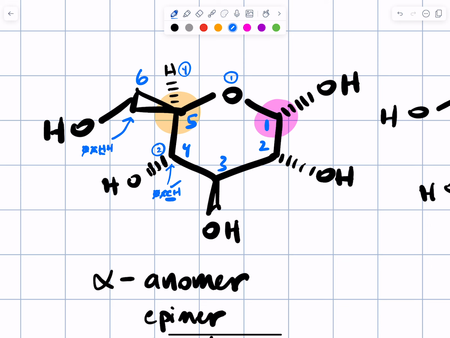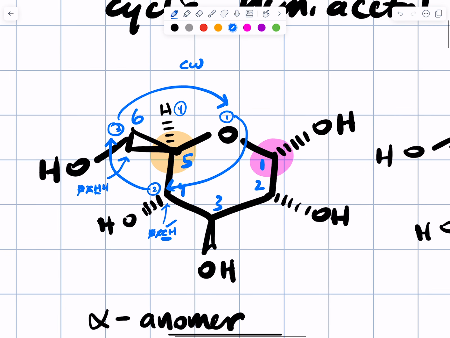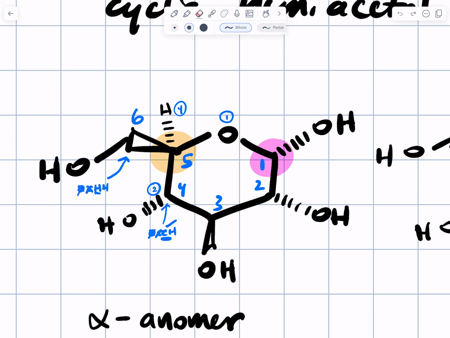This becomes priority group 2, this becomes priority group 3, 1 to 2, 2 to 3, 3 back to 1, that is clockwise rotation, and the priority 4 group is down. So that means the stereocenter is what? R. Good. That is the pirate's favorite stereochemical configuration. Yeah, okay, good, good. You're getting it, right?